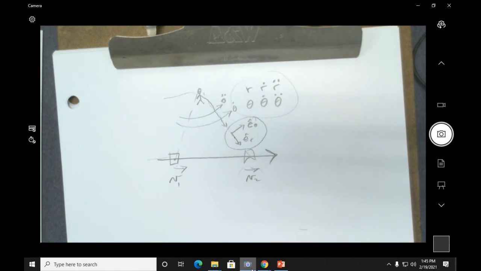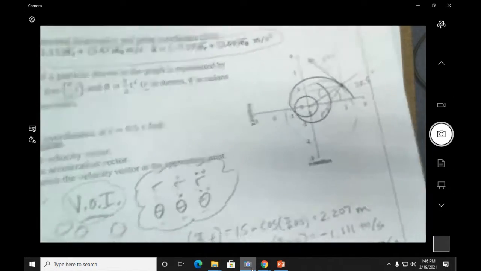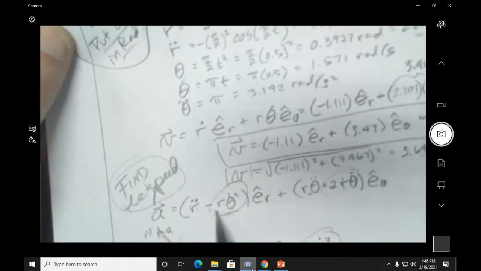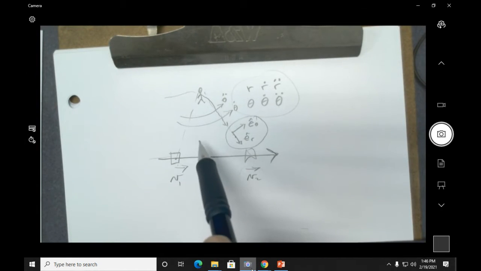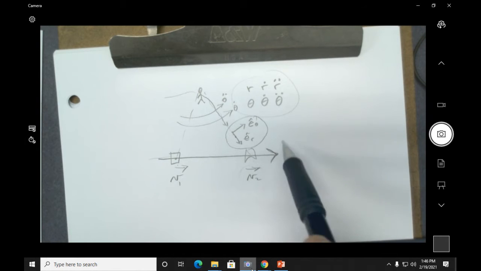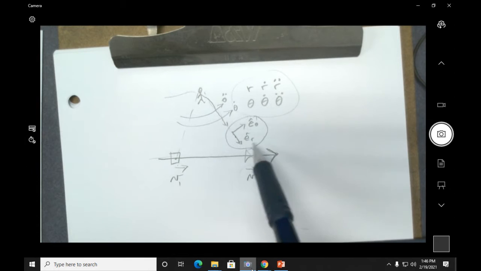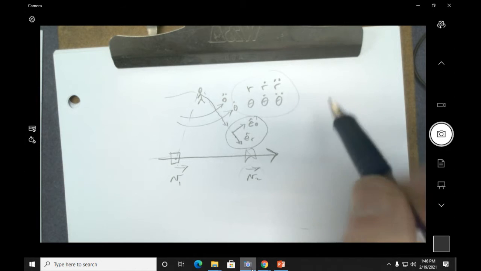But I think there is an example in the book where this problem gets put in. I just want to give you fair warning that this one is a little bit straightforward, right? Because you are given these things, you find the variables of interest, and then you put them into this equation. Whereas you could also go the other direction, where you're given some acceleration and velocity, and you need to go backwards given what you know about the arrangement and the coordinate transformation, and be able to find the individual variables of interest.